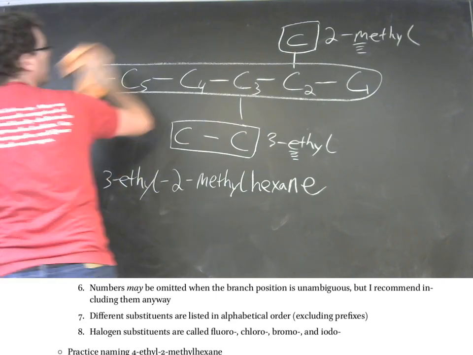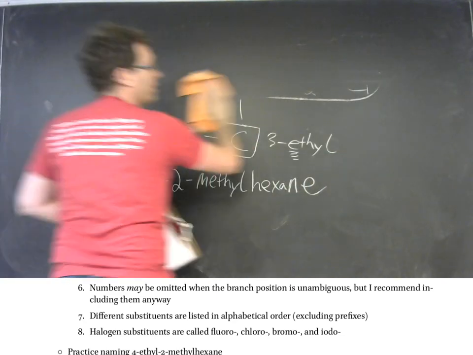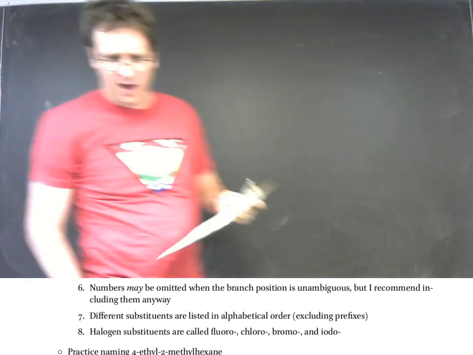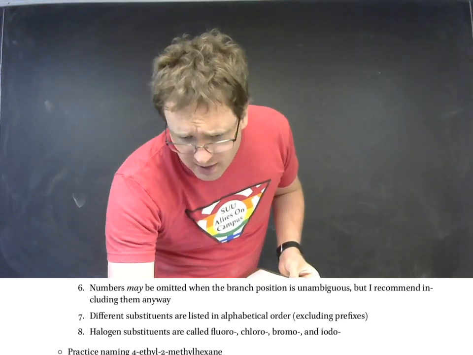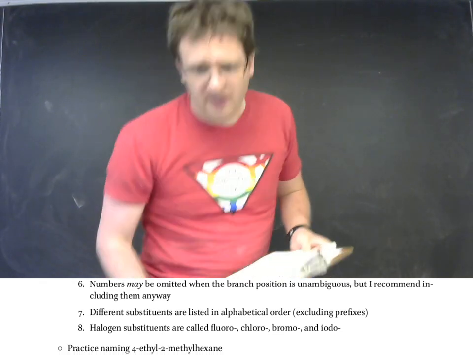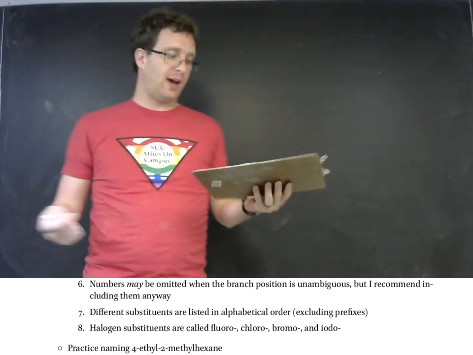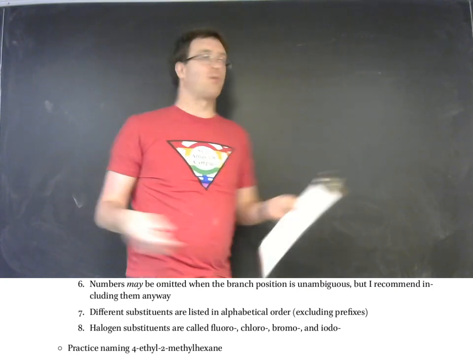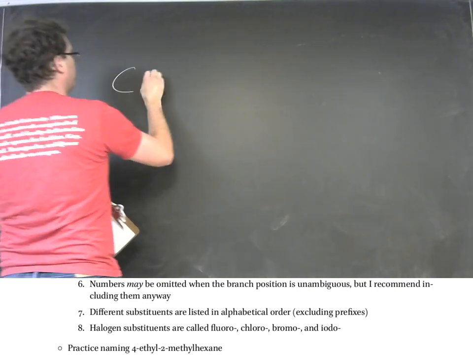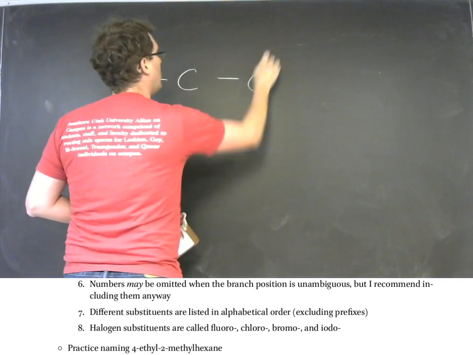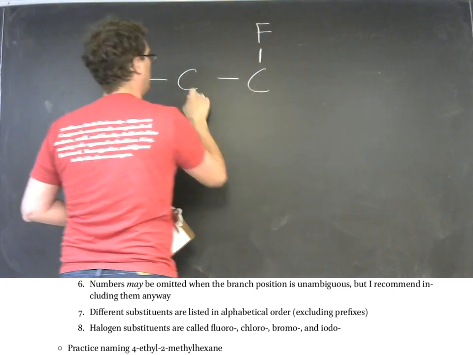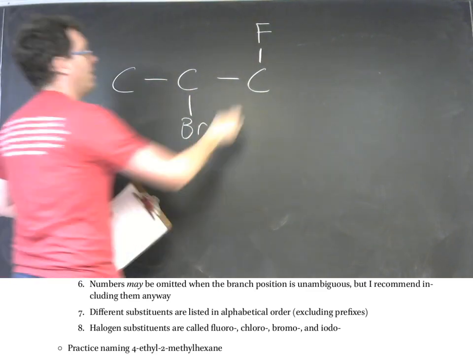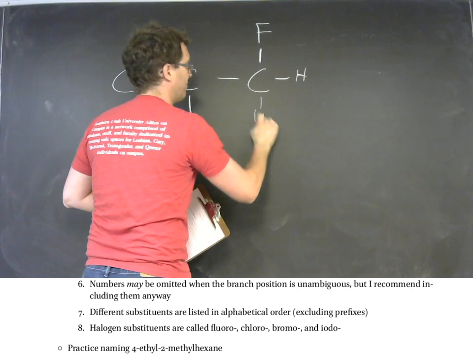All right. Now those are all the rules according to your textbook. They have a little paragraph that addresses halogens, and I decided to make it an 8th rule, and that is that instead of a carbon branch, you can have a substituent that is a halogen, and they are called fluoro, chloro, bromo. So let's look at this compound, and we'll fill in the hydrogens because that's not too bad.